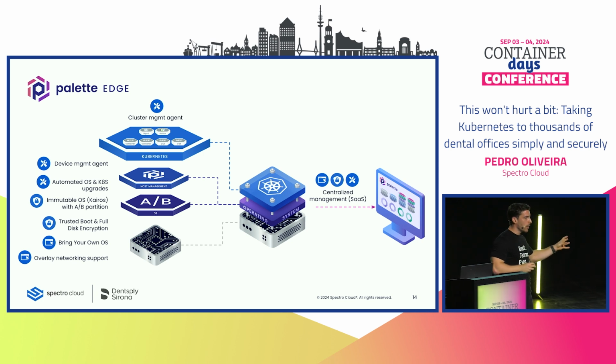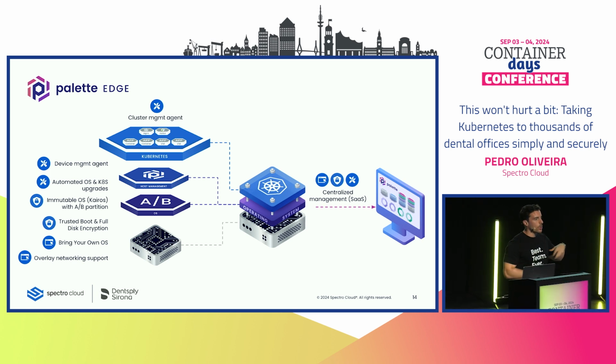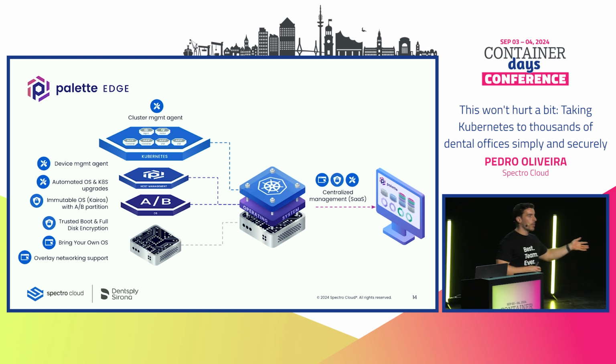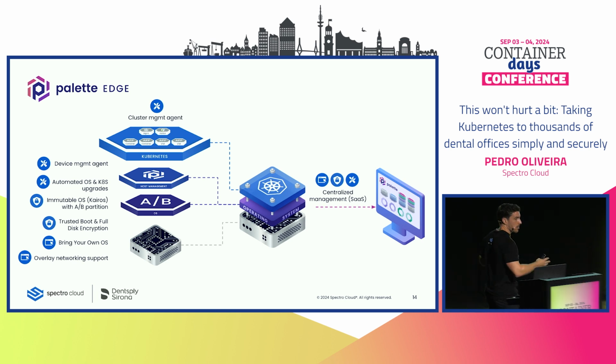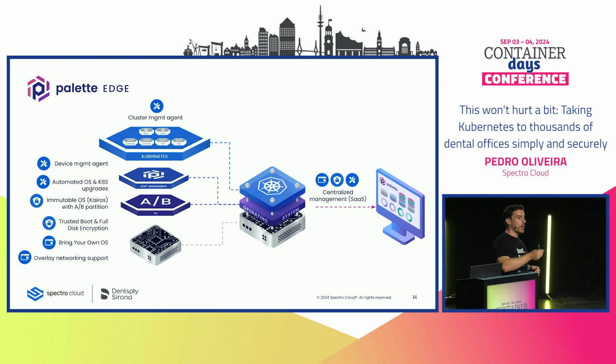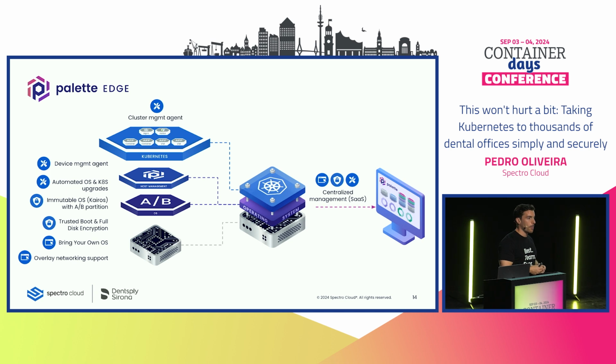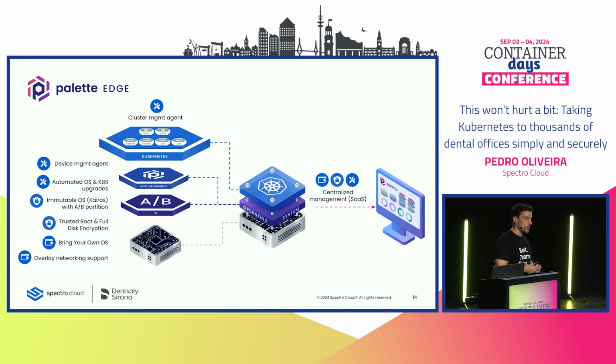So when you're pushing your upgrades, either for your Kubernetes upgrades or for your operating system upgrades, you also have a fail-safe mechanism that ensures that when you do an upgrade, if that upgrade fails, we will revert back to the last working solution as well. Which, again, at scale, that's very important.